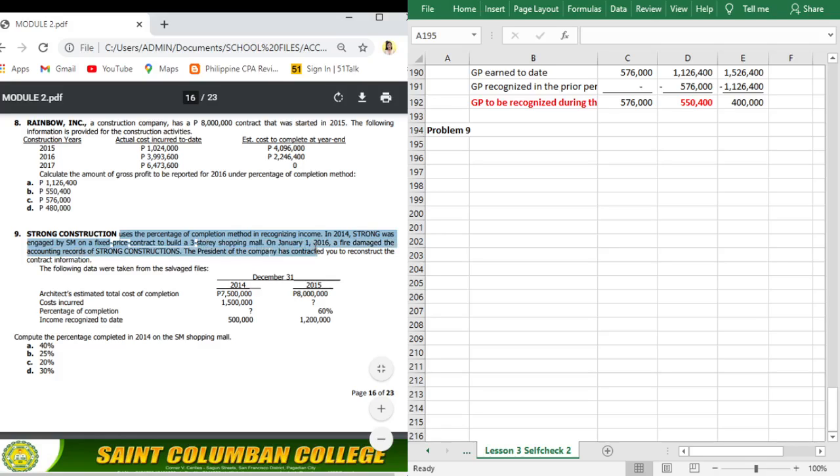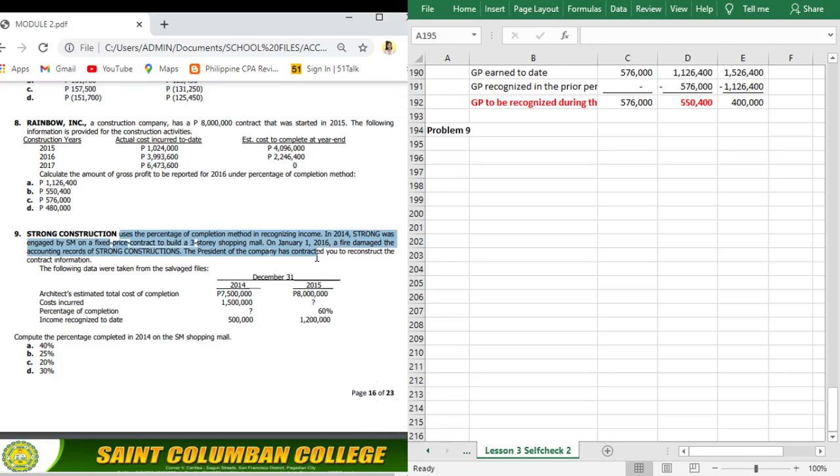On January 1, 2016, a fire damaged the accounting records of Strong Constructions. The president of the company has contracted you to reconstruct the contract information. The following data were taken from the salvage files. So these are the architect's estimate of total cost of completion, cost incurred, percentage of completion, and income recognized to date.